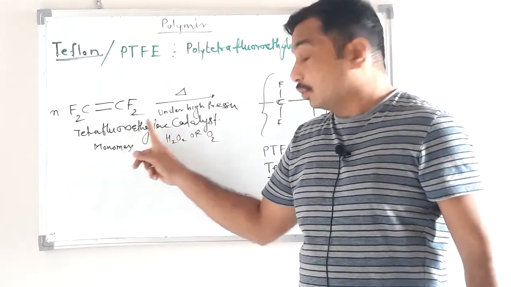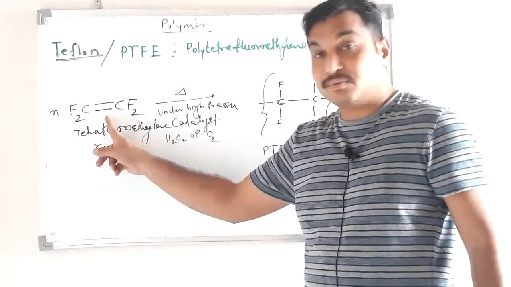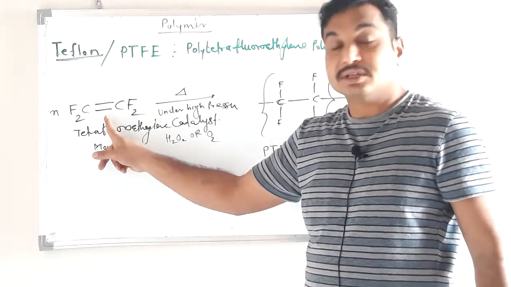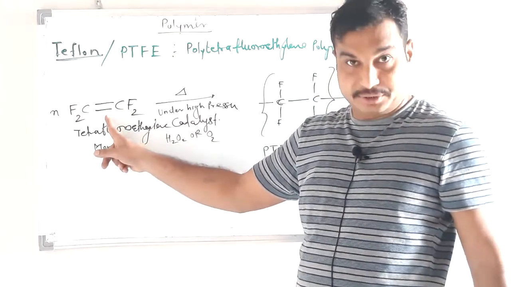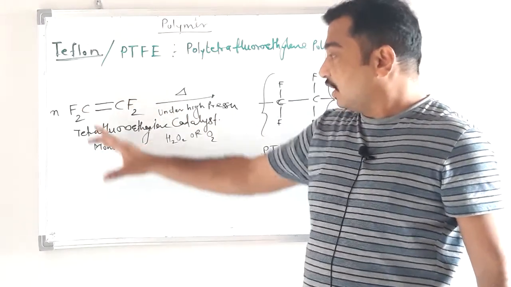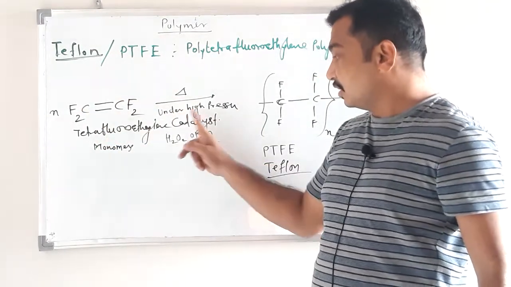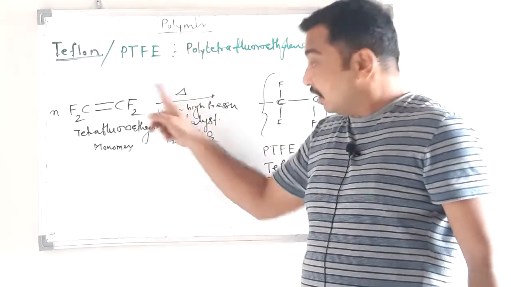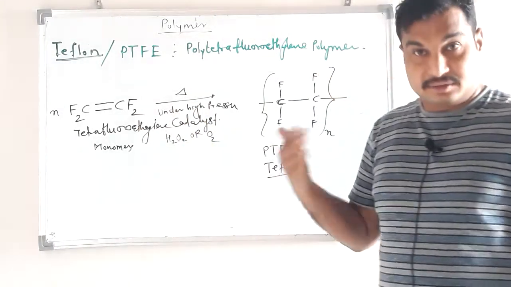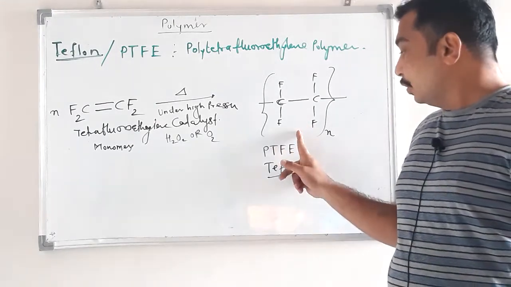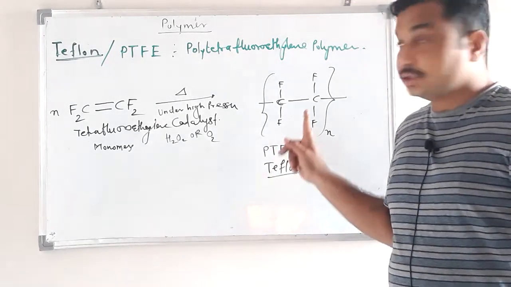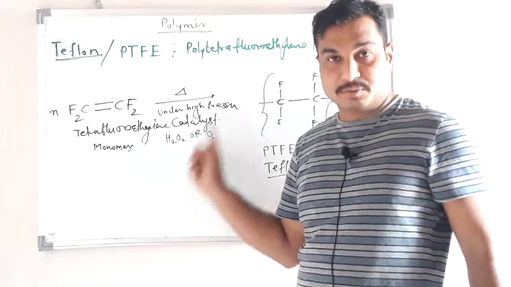Take n number of tetrafluoroethylene molecules. This is a gas, it exists in the gaseous state at room temperature. Then under high pressure, catalyst and high temperature, it undergoes a free radical polymerization reaction and forms Teflon. So this is the simple method for the preparation of Teflon.